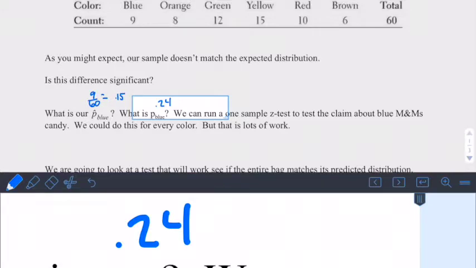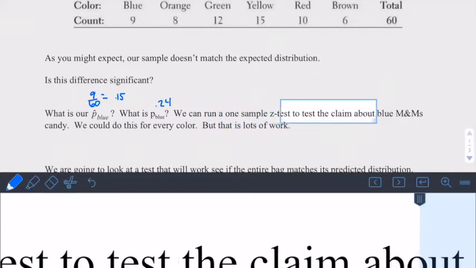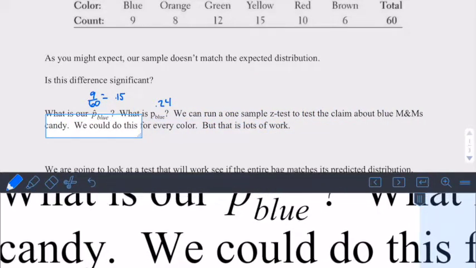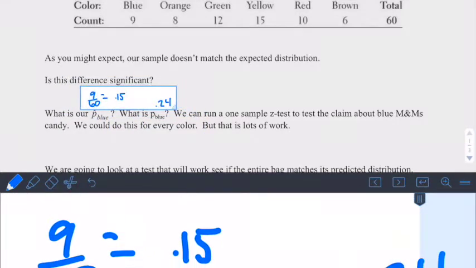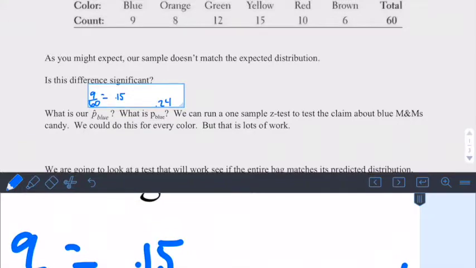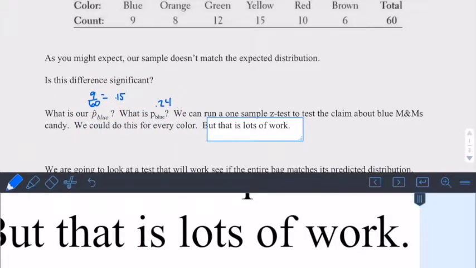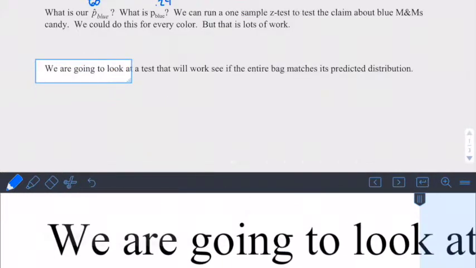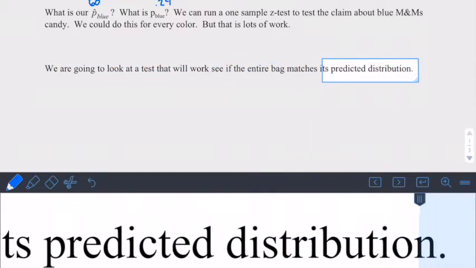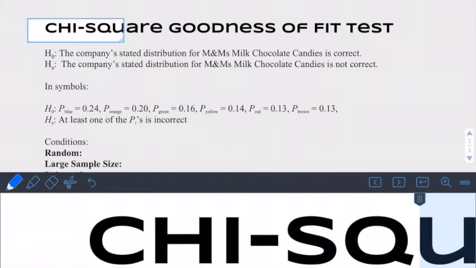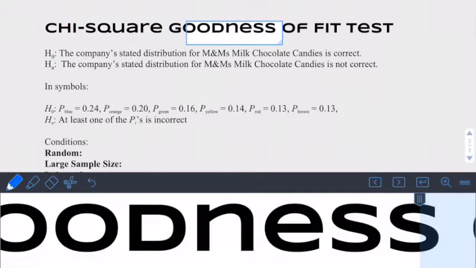So we can run a one sample z-test to test the claim about blue candy, and we could do that for every color. We could run a z-hypothesis test on this proportion, but we don't want to do that on every color. That's going to take forever. So what we're going to look at is a test that will work to see if this entire bag matches its predicted distribution. So this is where we get a chi-square goodness of fit test.